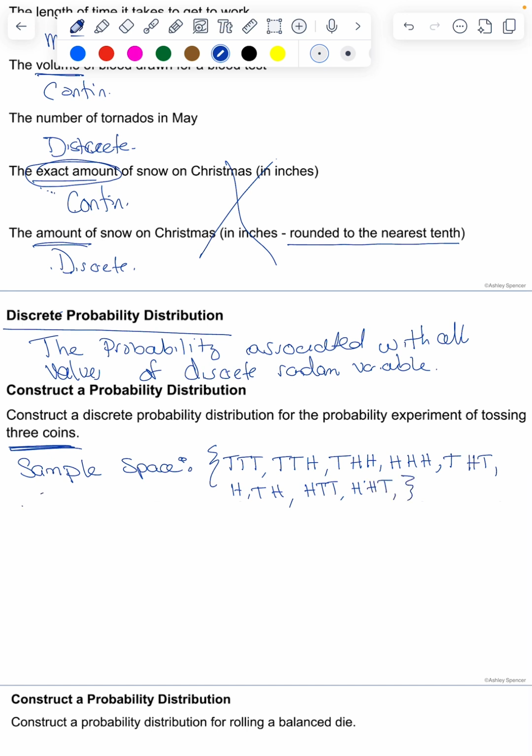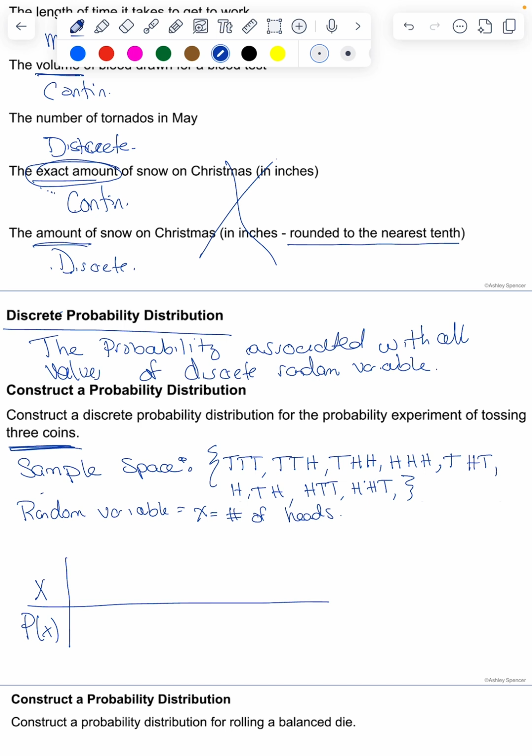Now, if we let the random variable, like we said earlier, equal x, which equals the number of heads, based on our sample space, we can get a probability distribution table.